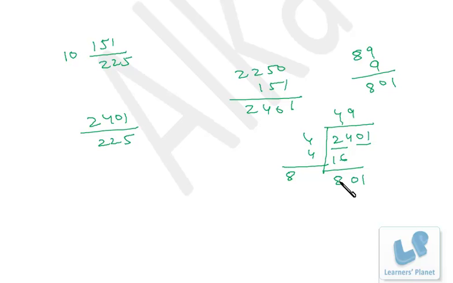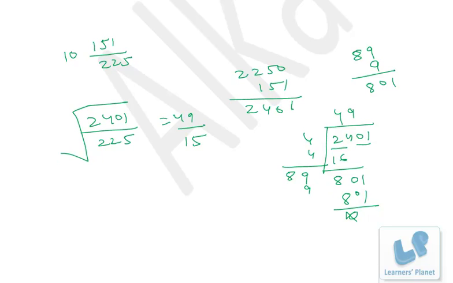So 89 into 9 is 801. So square root of 2401 is 49 and square root of 225 is 15. So square root of this will be 49 by 15. Okay, I hope you are getting me.